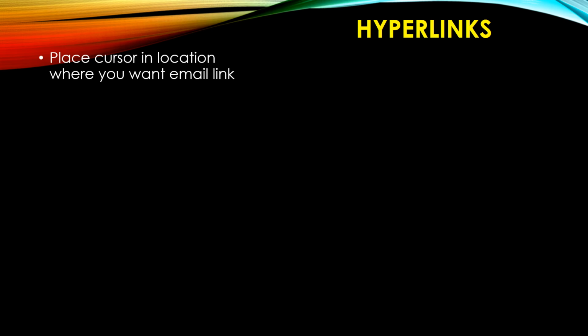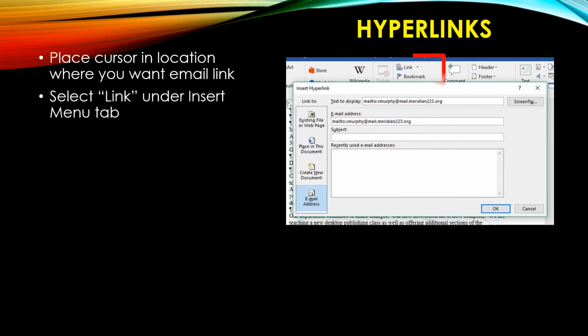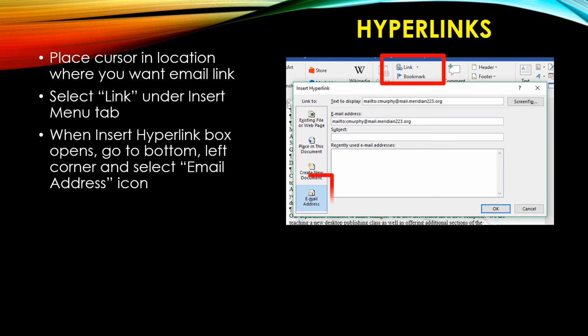Inserting an email hyperlink into a memo or a letter. Place your cursor in the location where you want the email link. Select Link under the Insert menu tab. When the Insert Hyperlink box opens, go to the bottom left corner and select the Email Address icon.